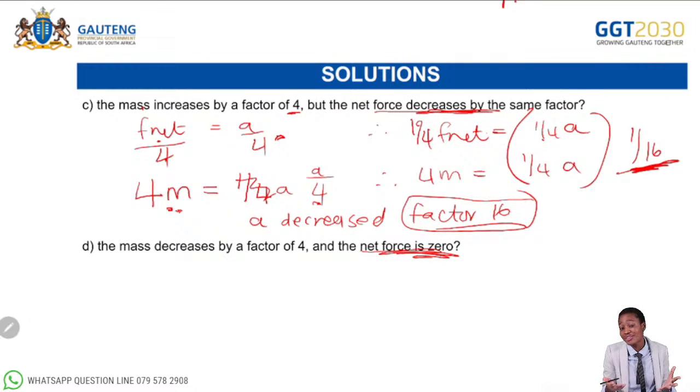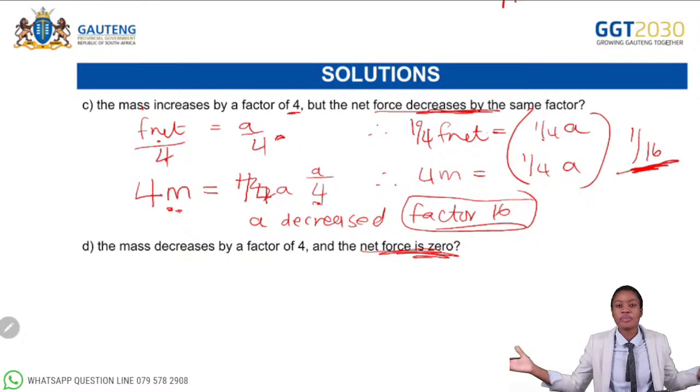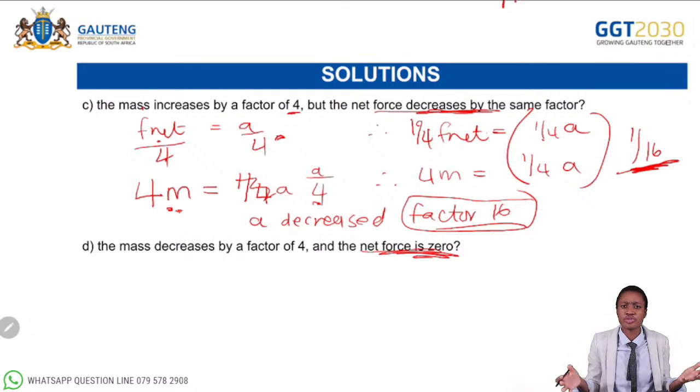Does that make sense, grade 11s? I hope it does. Remember, no force acting on the object means it has no reason to accelerate. It's like when you find a trolley in a shop. If you don't apply a force to it, it's not going to accelerate, right? In this instance, since net force causes an object to accelerate, no force, no acceleration. So in this case, there will be 0 acceleration.